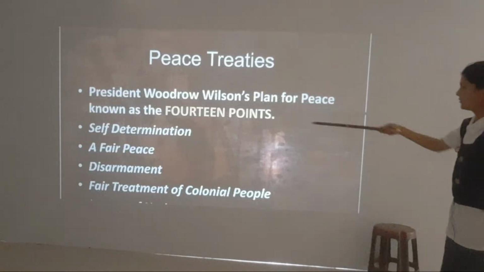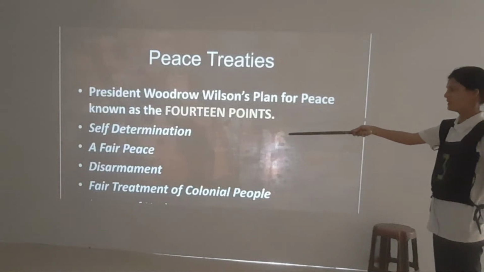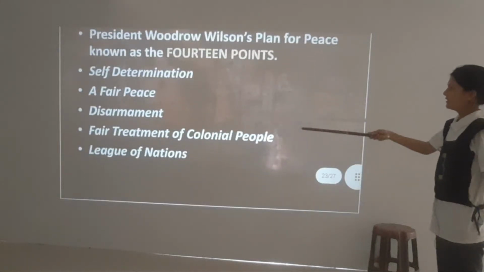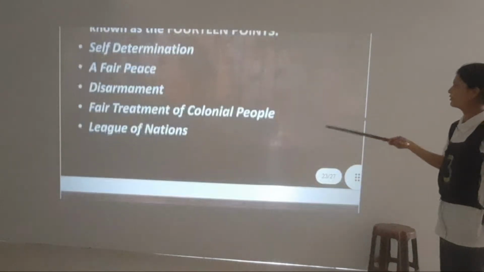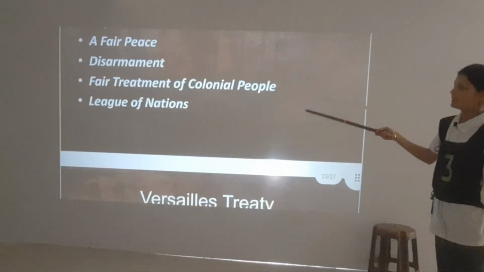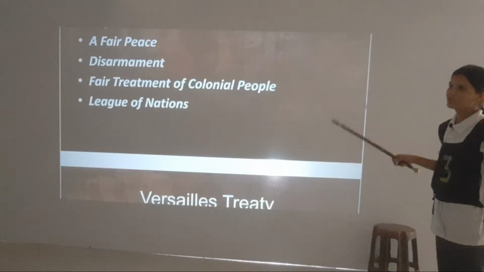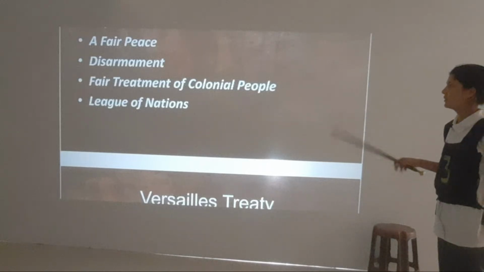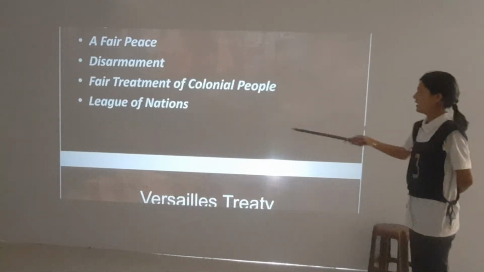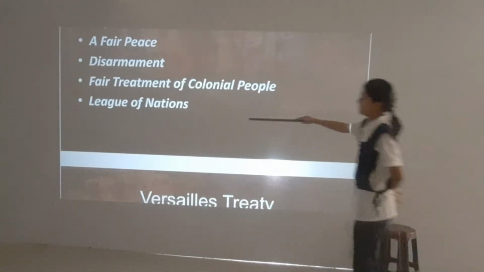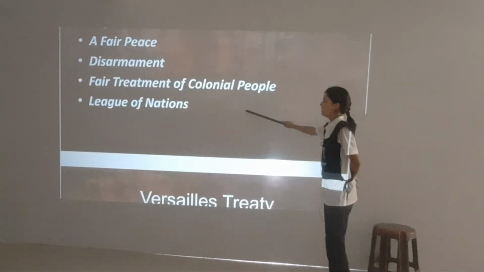In these points there were self-determination, a fair peace and disarmament, and fair treatment of colonial people, meaning that the people who are colonized will be treated with respect. And then in 1920, the League of Nations was formed.